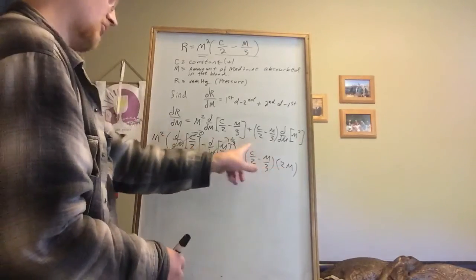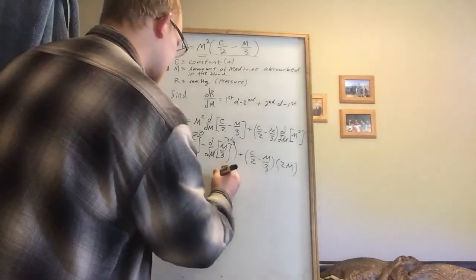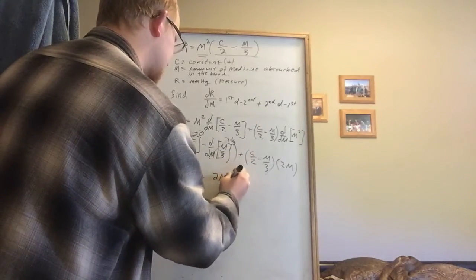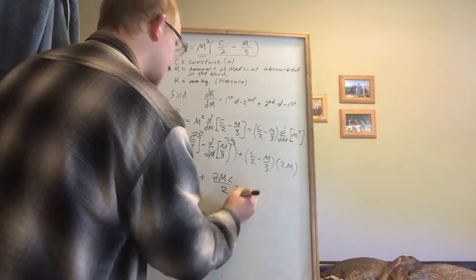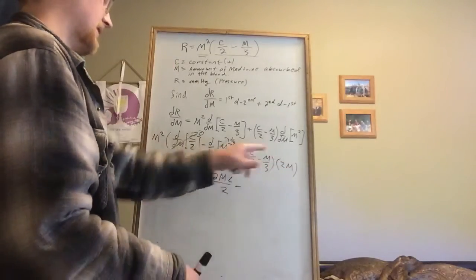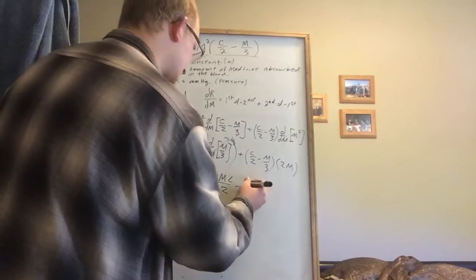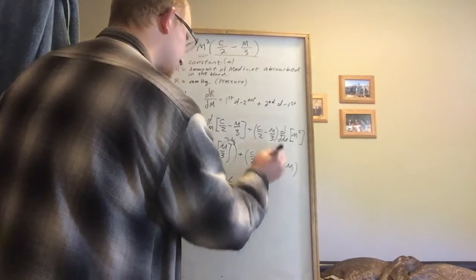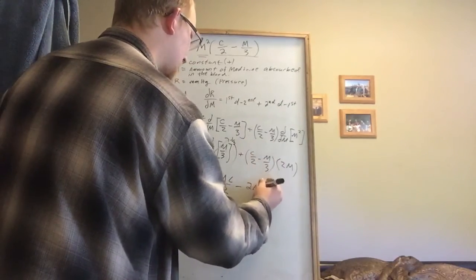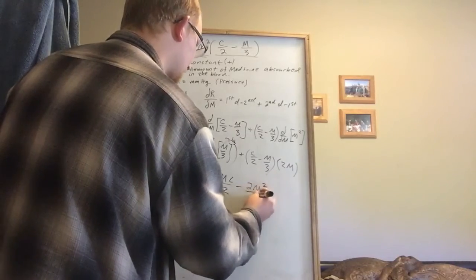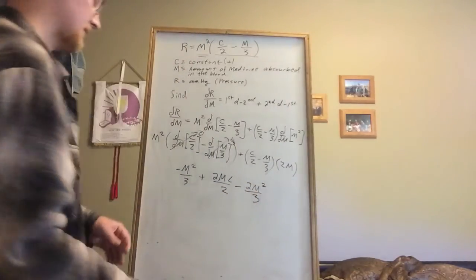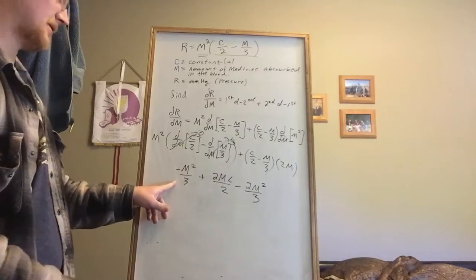So distributing 2m into c over 2, that's 2mc over 2 minus 2m distributed into minus m over 3. That's going to be minus 2m squared over 3. And it looks like we have like terms here.